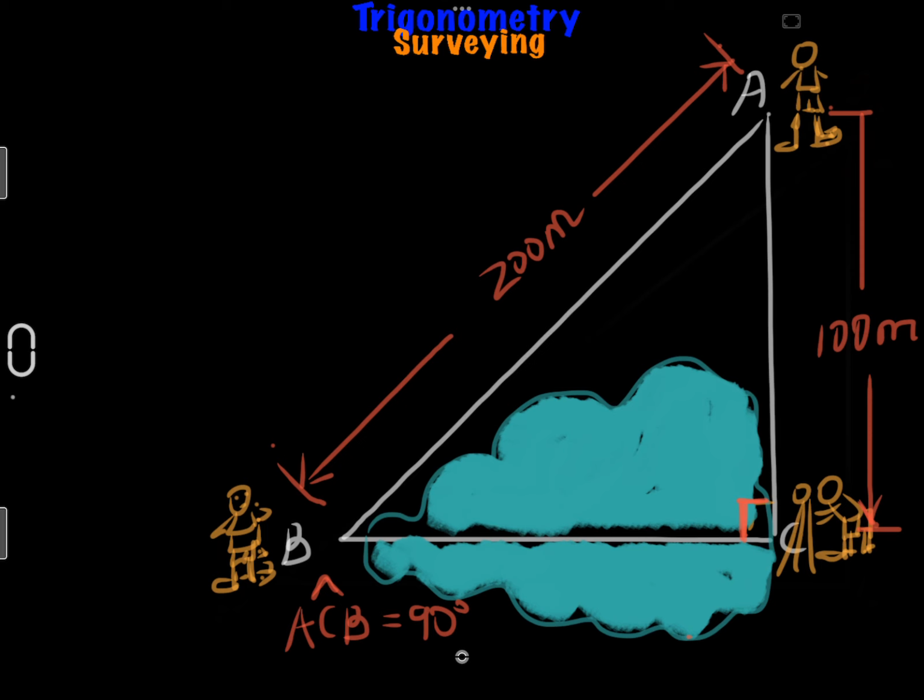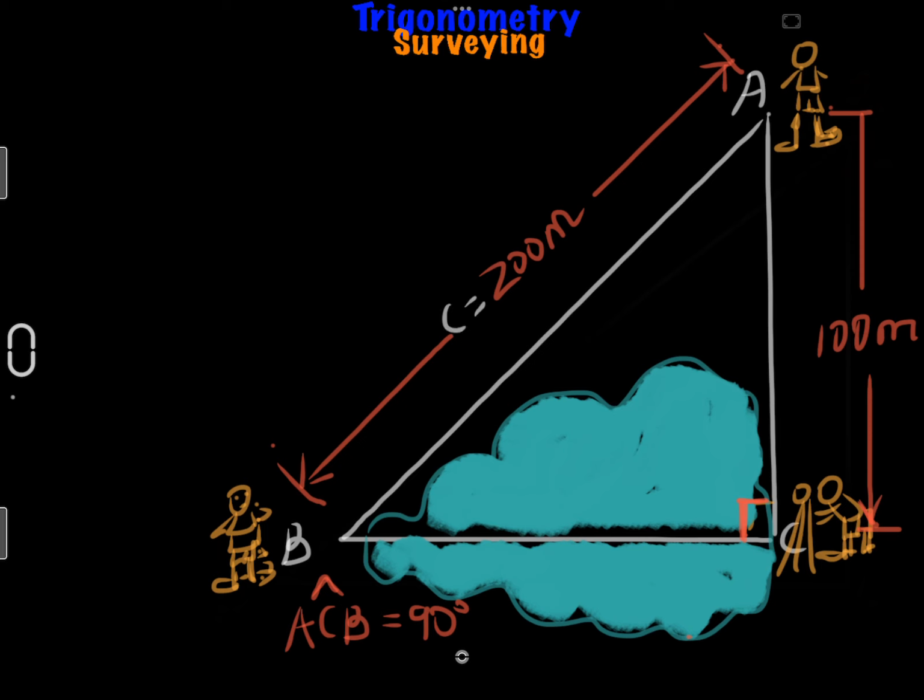Now, given the scope of this information, we can start using our Pythagoras theorem. But before I start, just a couple of things I'd like to highlight. We need to identify the side opposite the 90 degree angle, which in this case is our hypotenuse.